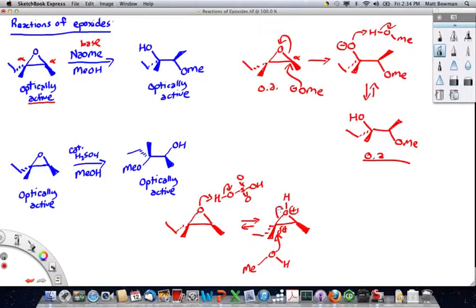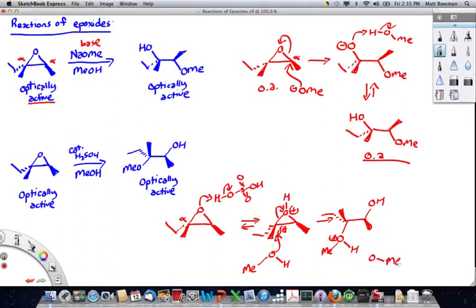That pops the electrons up onto that oxygen. Since we attacked the more substituted side, that's the side that gets inverted.